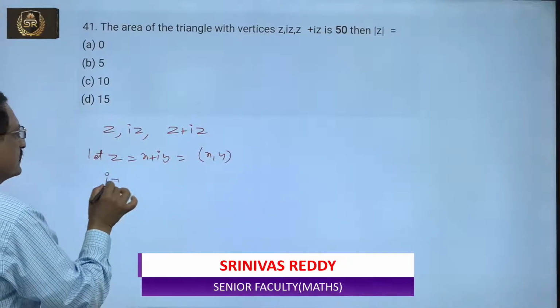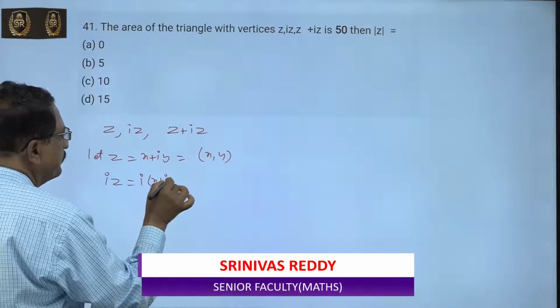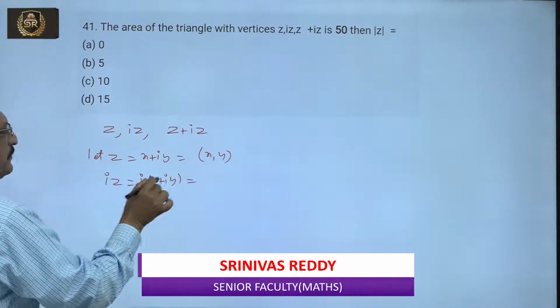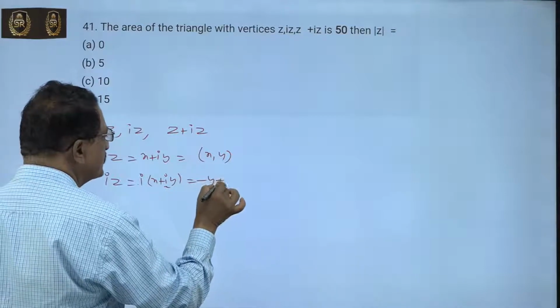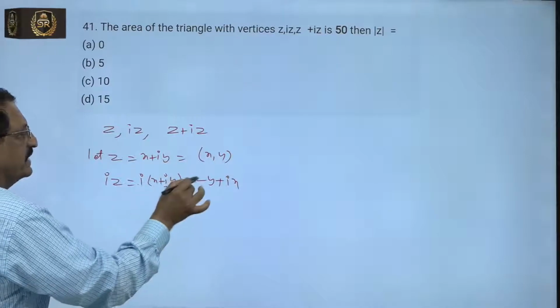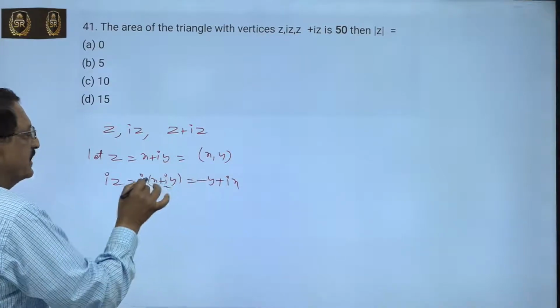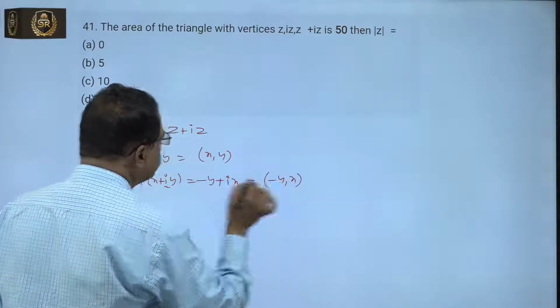Next, iZ equals i times (x plus iy), where i squared equals minus 1, which gives minus y plus ix, or the ordered pair (minus y, x).